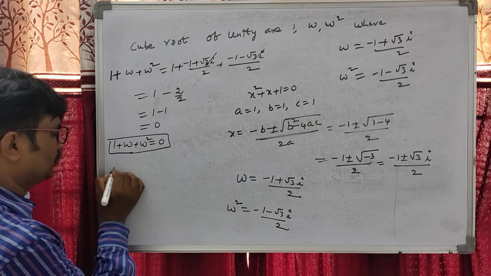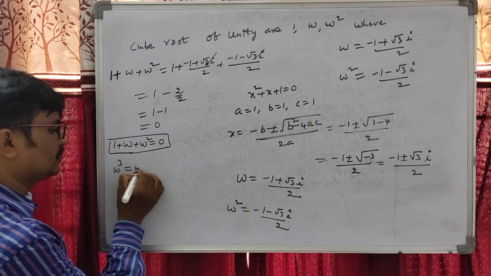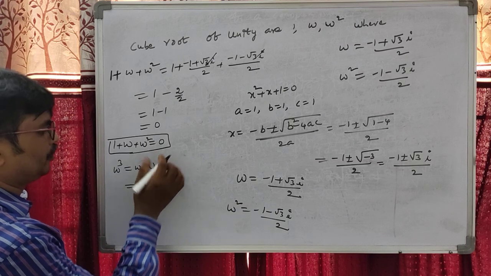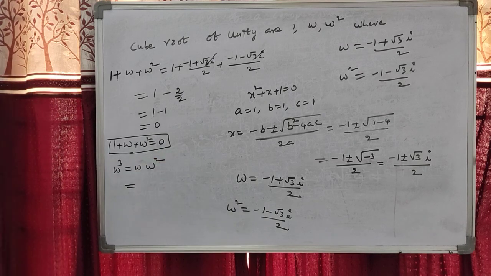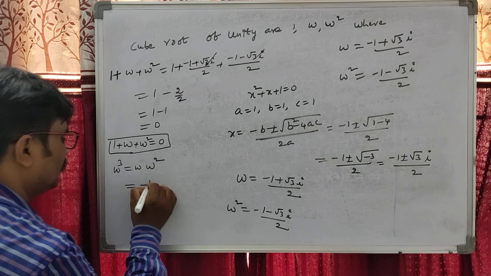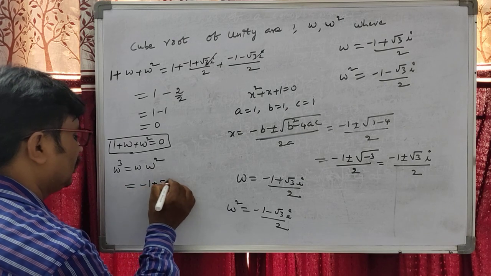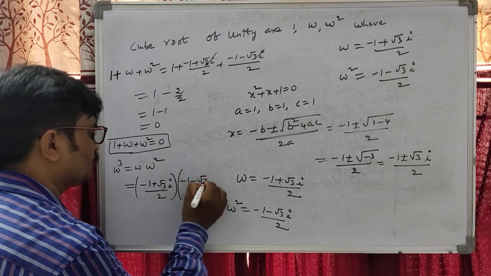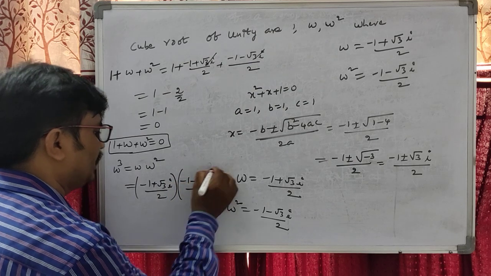And one more thing, students: omega cube is omega square into omega. The value of omega is minus 1 plus root 3 i by 2, and omega square is minus 1 minus root 3 i by 2.